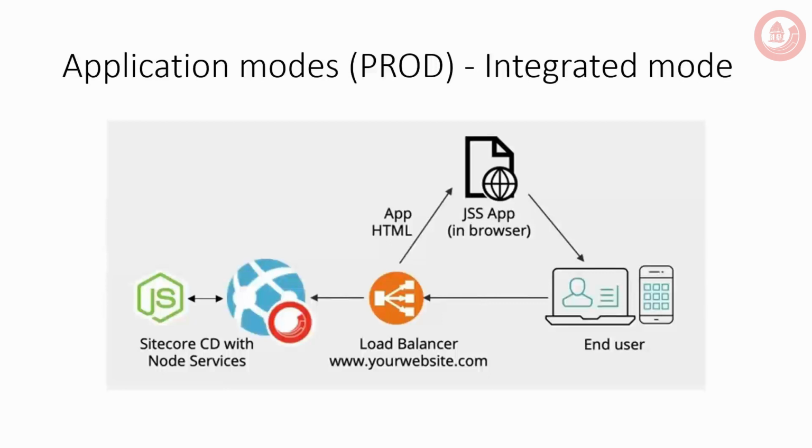That node engine will consume the layout and generate the HTML and send it to the user. So this is a much smaller scale where your node services sit with your CD server and CM server, for integrated mode to work with the experience editor and all. So it depends on both. It depends on your architecture, your scaling and everything.